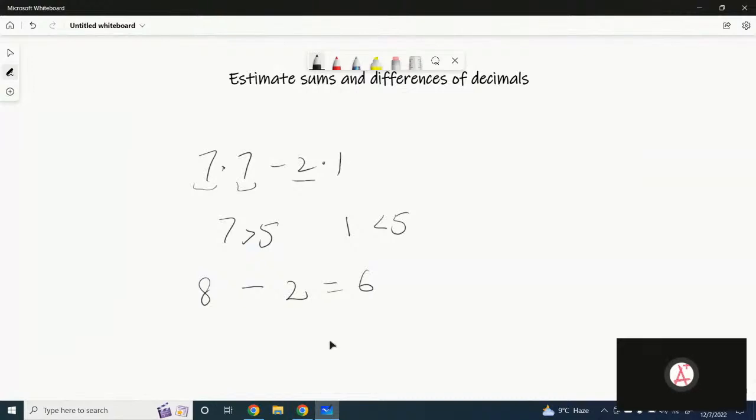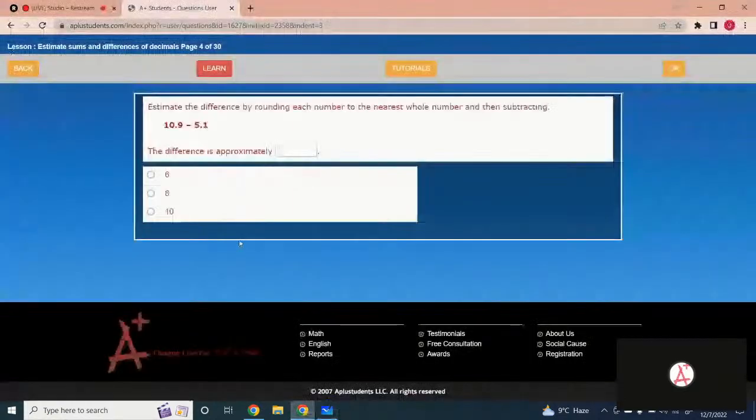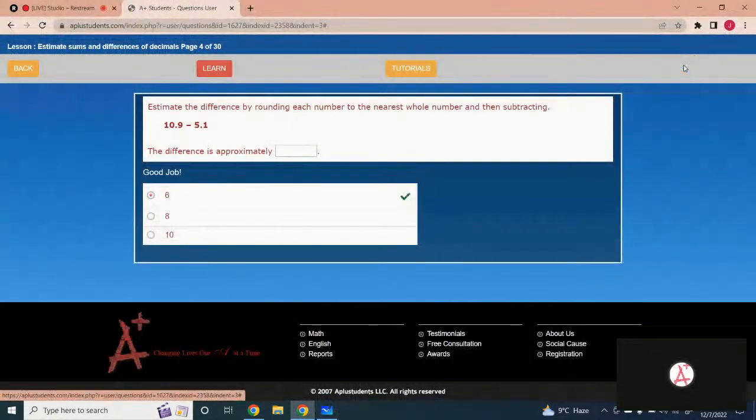So 11 minus 5 is 6. The 9 is greater than 5, so it would be rounded off to 11. And 1 is less than 5, so it would be rounded off to 5. So 11 subtract 5 is 6. Got it? So just select the correct option and click on the OK button.